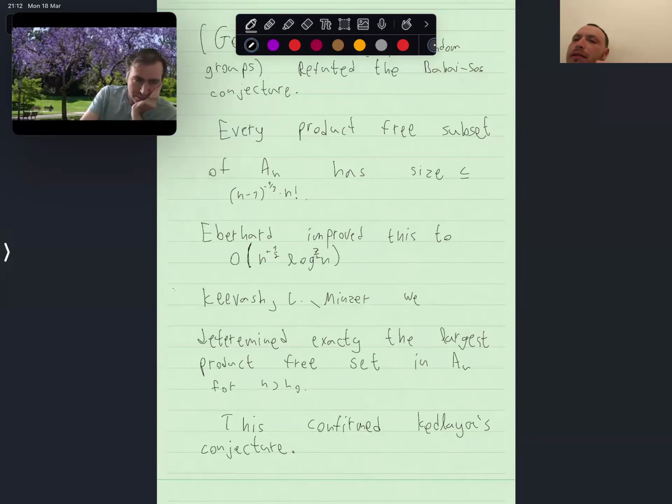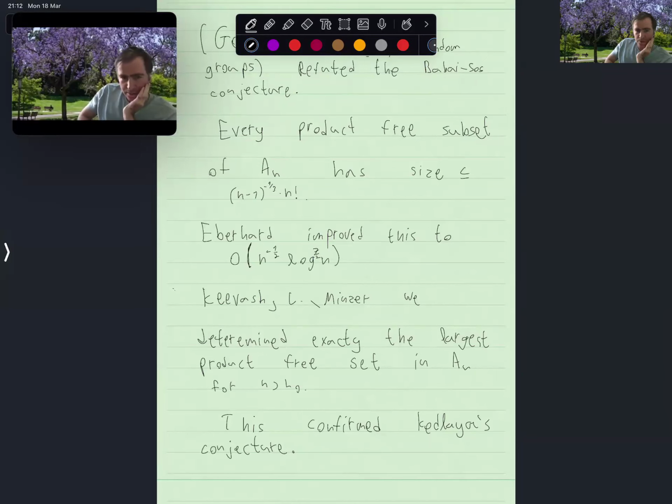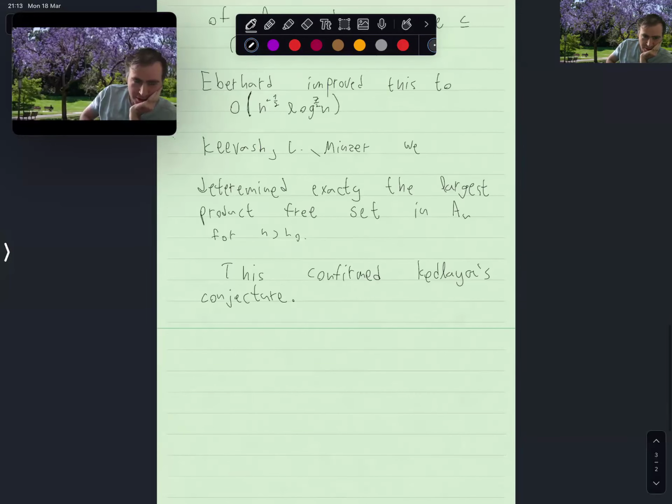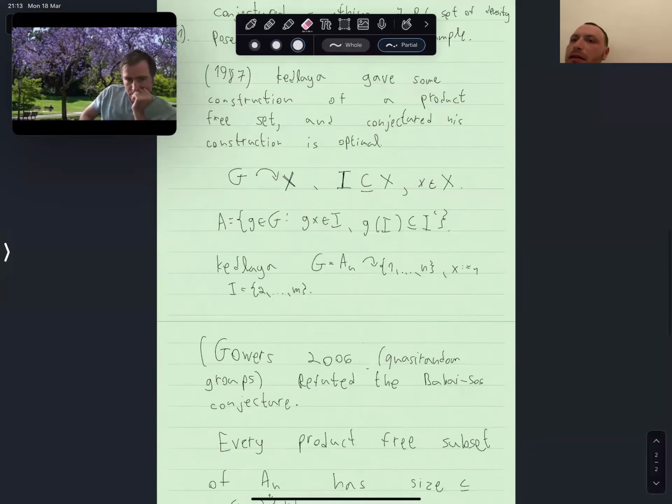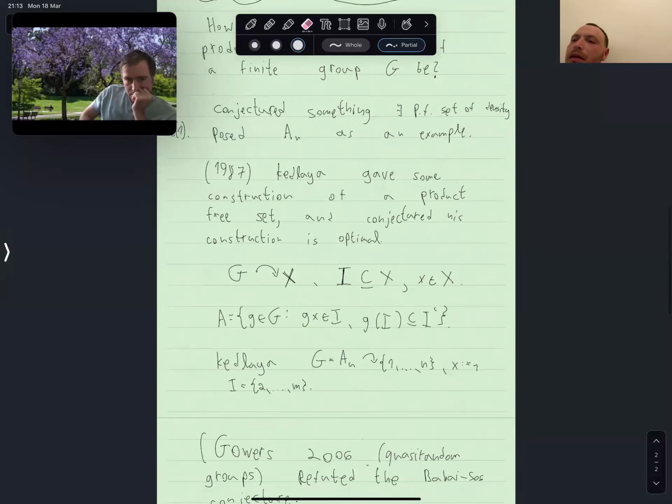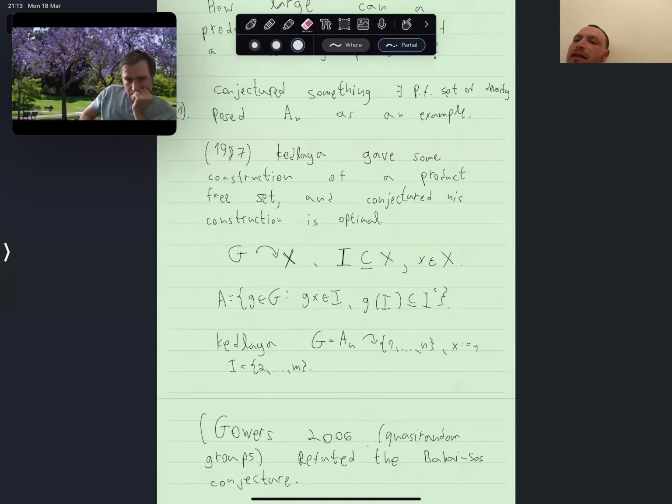Are there any questions before I move to compact Lie groups? And what density do you get in this case? Yes, so the density is n to the minus 1/2. Basically you look at this construction: the set of permutations that send 1 to the set 2 up to m.